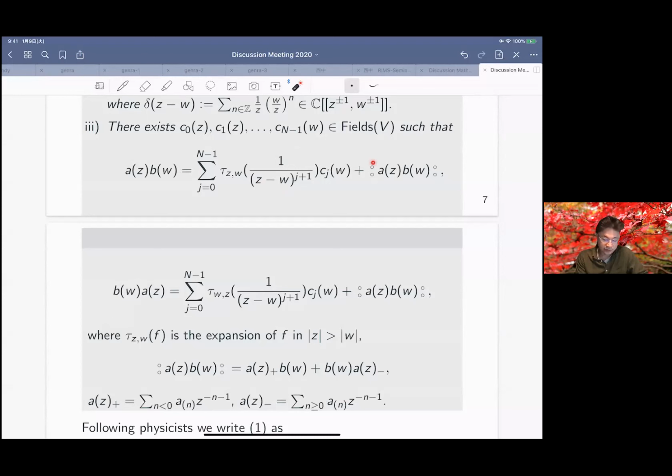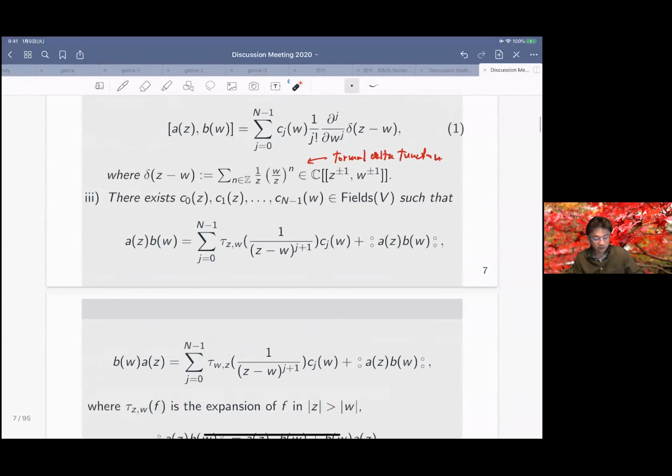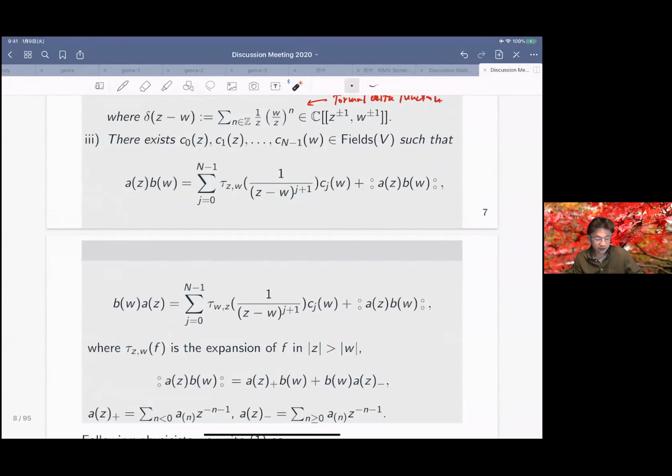And this is a formal series defined. This is called a normal ordered product. And if you consider B(w)A(z), you get the expansion of the same function, which is expanded in the opposite region, when w is bigger than z. So this is the statement.